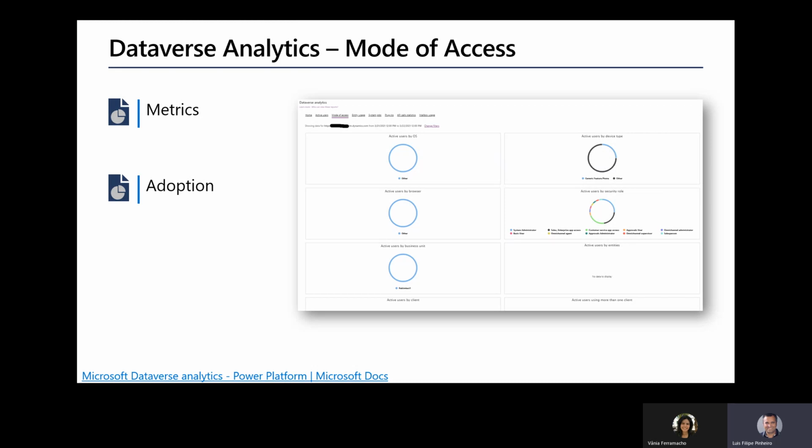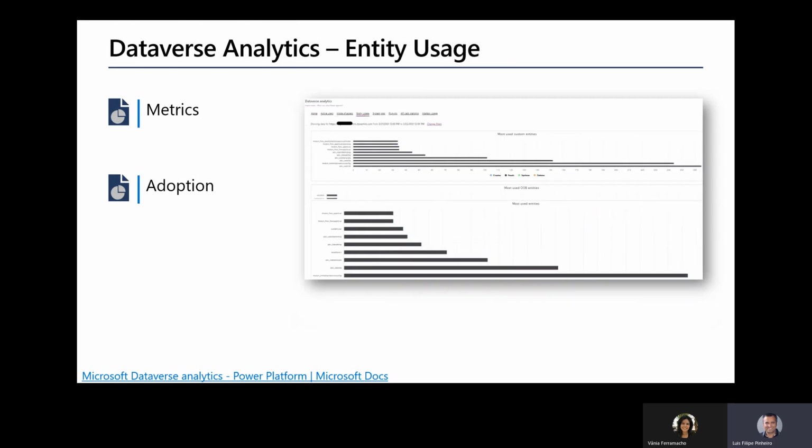Then we can move to the entity usage dashboard, which displays the most active entities by operation. This is split between out-of-the-box entities on one side and custom entities on the other. The most used custom entities chart helps visualize whether a recent update made by my organization or by a vendor is being used.